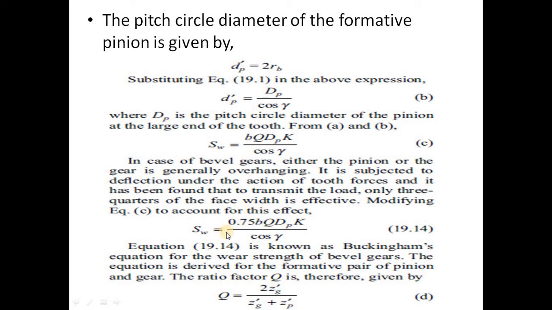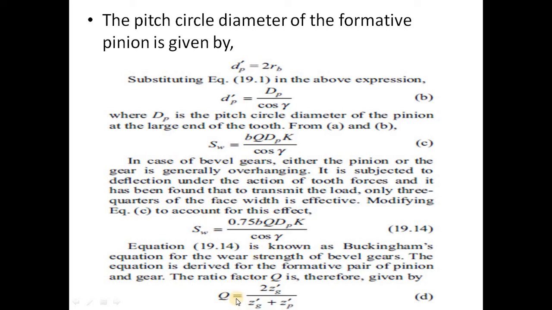That's why we consider only 3/4 of the face width, so the pitting failure Sw applies only for the 3/4 value. So we modify the formula again: Sw equals 0.75 b Q Dp K divided by cos gamma, and this is the final equation of the wear strength for the bevel gear.